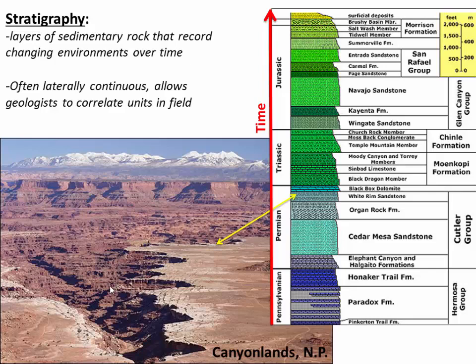So in this example from the Canyonlands, obviously the older rocks are on the bottom, younger rocks are on the top, and these changes in sedimentary environment are consistent across wide areas. Wherever you go in Canyonlands, you'll encounter these same rock units which record the same changes in Earth's surface condition. And so it's by looking at how the stratigraphic conditions are changing that we can really build up a record of Earth history.